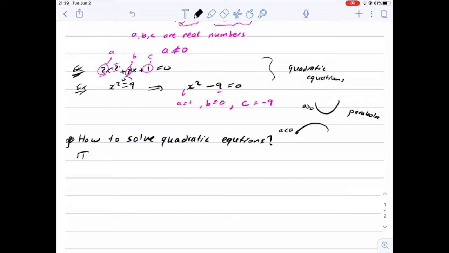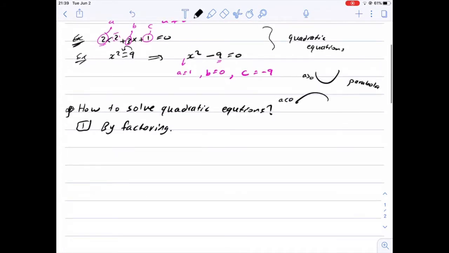The first method is called solving quadratic equations by factoring. That means we factor the quadratic equation and then use some properties to solve that equation. In order to do so, we need a property that is called the zero factor property.